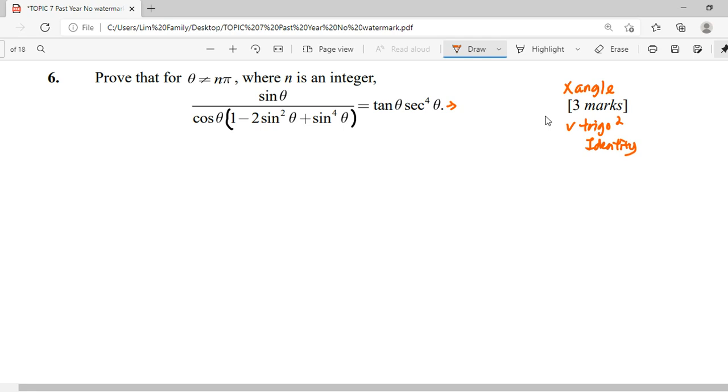Tangent, and secant means 1 over cos power 4. Tangent means sine over cos. So if we can get to this format, we are near to the final answer already.